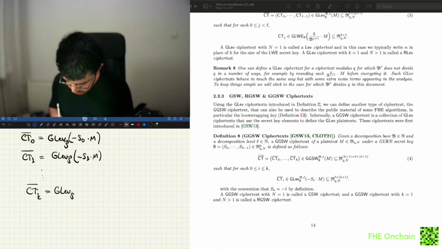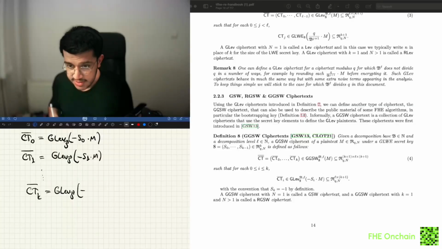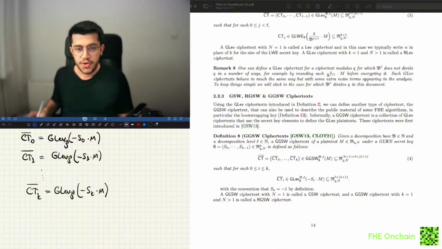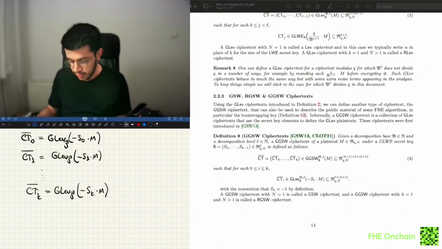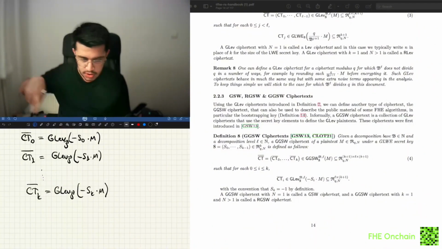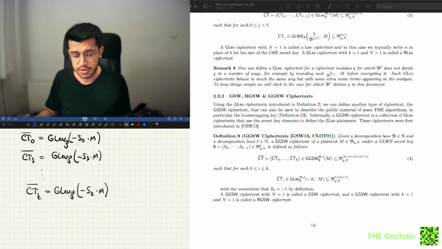GLEV encryption of minus SK times M. Of course, in terms of polynomial moduli, this SK needs to be equal to 1, because minus 1 is rotating around the modulus.